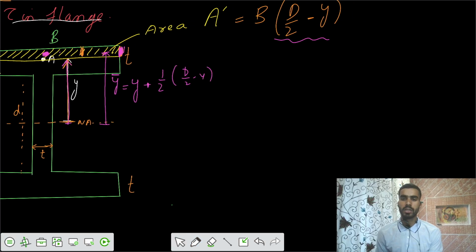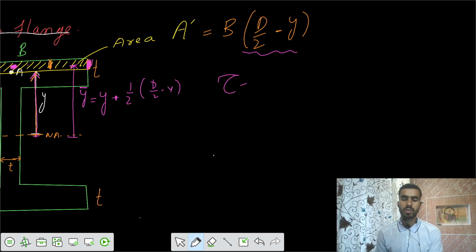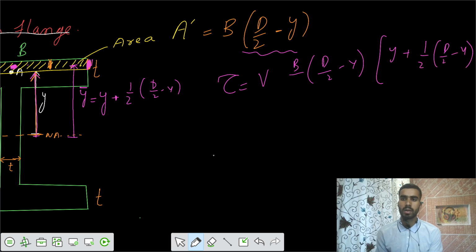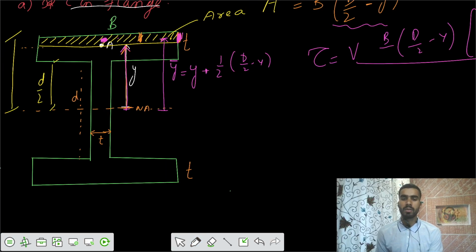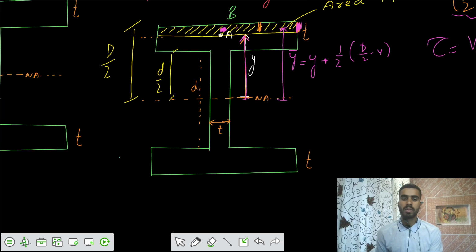Now if you use the shear stress equation, tau equals V A y bar divided by I b, there would be some moment of inertia. We don't worry about that; we keep the equation in terms of I neutral axis.